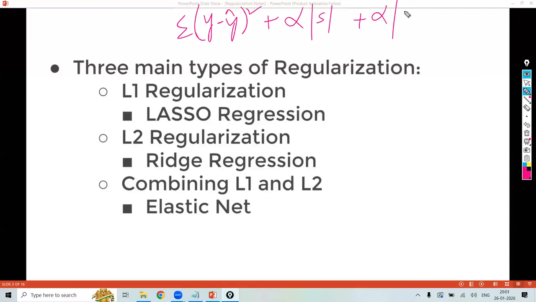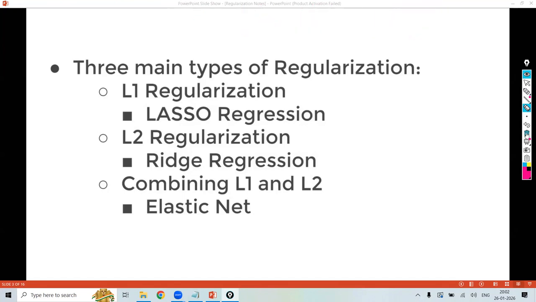Alpha of slope square, right? So this is the lasso penalty, this is the ridge penalty. Elastic net is a combination of both of them. Overall should be minimum. A combination of lasso penalty plus ridge penalty, both of them together, should be minimum.